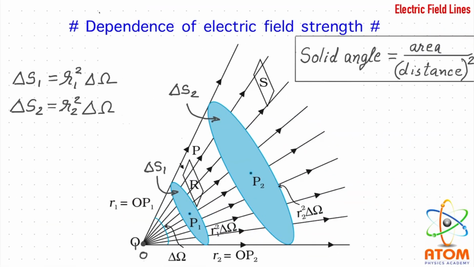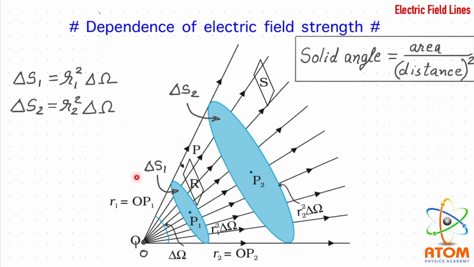Now we will understand the dependence of electric field strength on area. For this, first we have to relate area with solid angle delta omega as shown in the figure here. This is delta omega. Let me recall that solid angle is equal to the area upon distance square. Now consider two small area elements delta S1 and delta S2 passing through this point P1 and point P2.